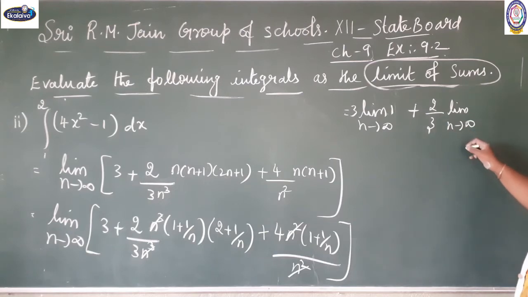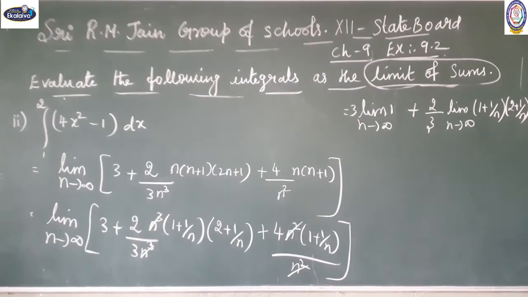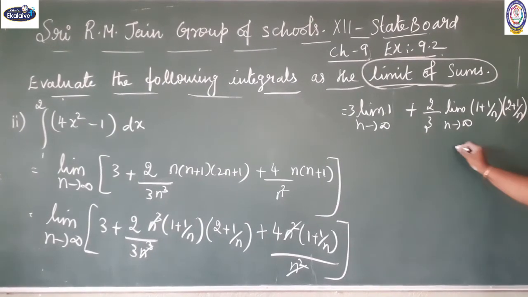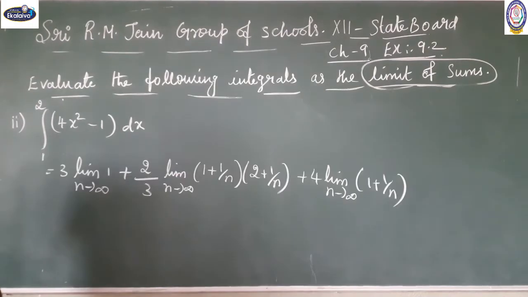Limit n tends to infinity into 1 plus 1 by n into 2 plus 1 by n, plus 4, a constant, you can take it out, limit n tends to infinity into 1 plus 1 by n.